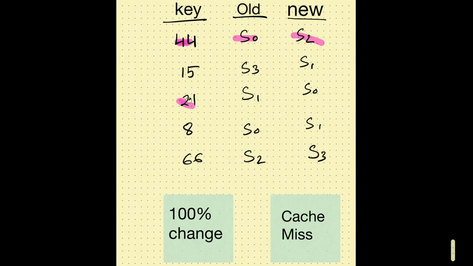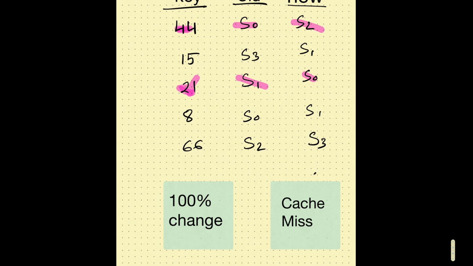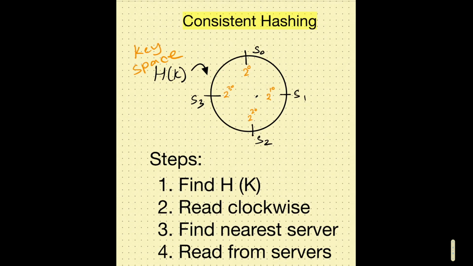Similarly for 21, the request comes in, we look at server 0 where the data should be now, but it's not, because before it was in server 1. So we're going to get a cache miss for 100% of the mapping. All the data we cached before pretty much needs to be cached again, because the assignment is all over the place. So this is where the concept of consistent hashing comes in.